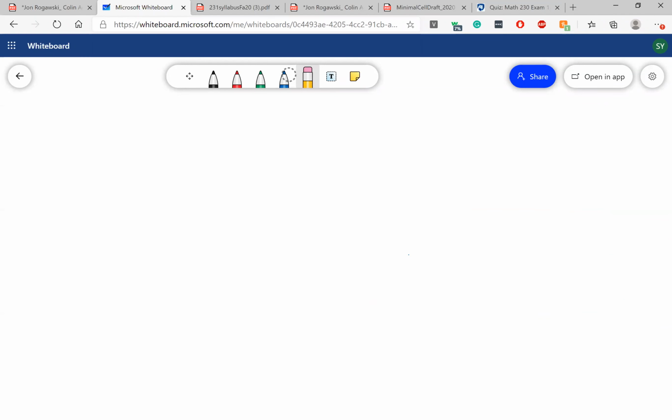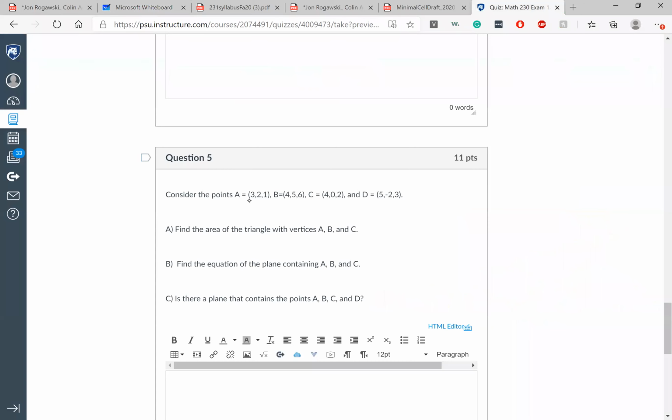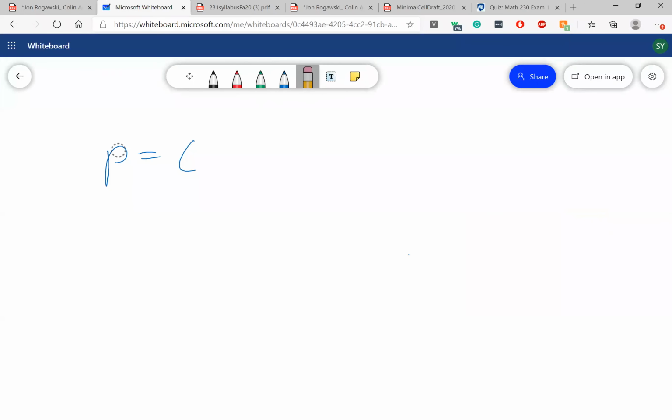Okay, so the points that they gave us. Point A is equal to 3, 2, 1.